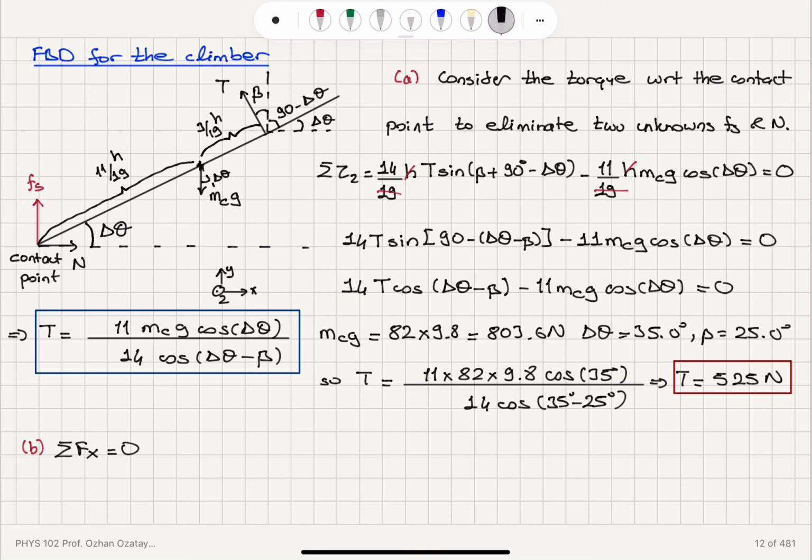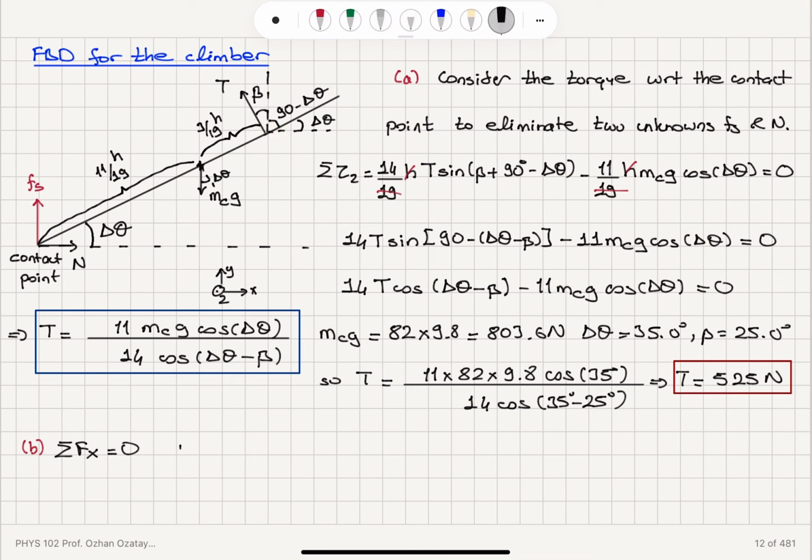I see that I have the normal force and the horizontal component of the tension, which is going to be T sine beta, so it makes an angle beta with respect to the vertical, so the horizontal component will be T sine beta.